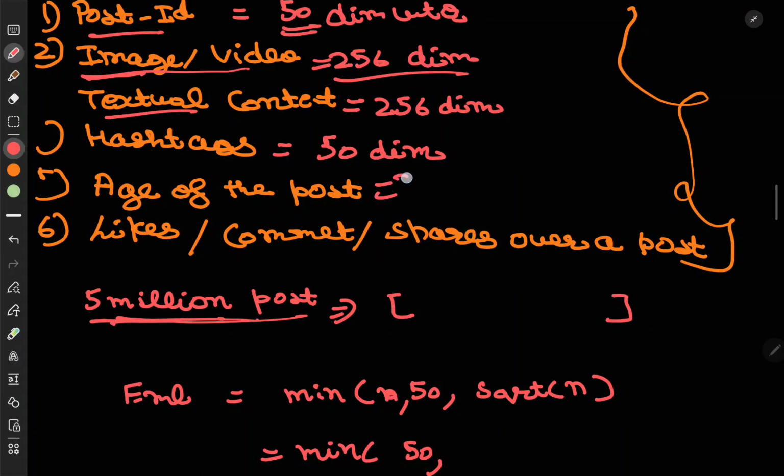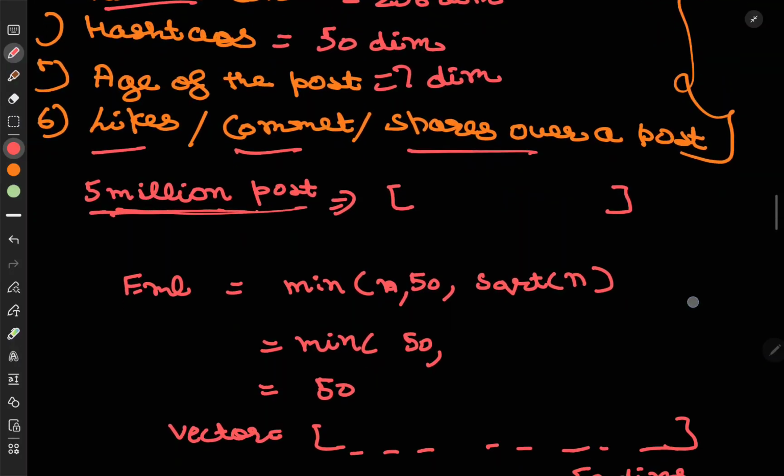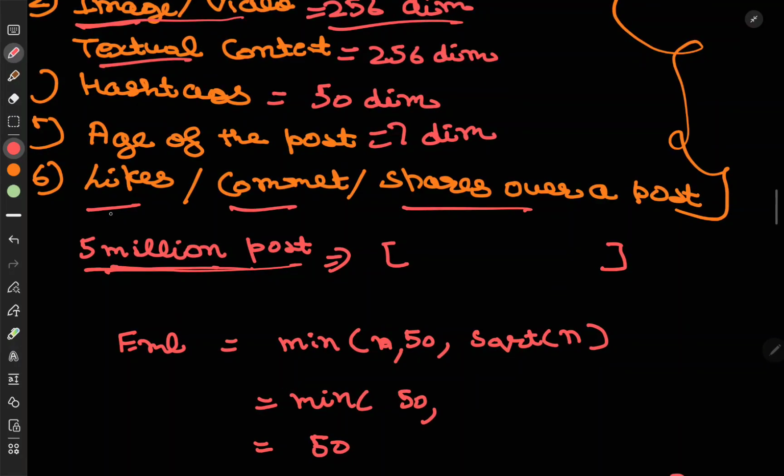Now coming to the final thing, that is likes, comments and shares over a post. For that, we can simply go with min-max normalization to convert them into a single dim vector which represents a normalized quantity of the likes over the post, comments over the post and shares over the post.